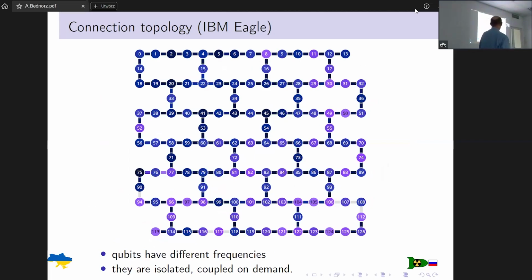If you have 127 qubits, it's not very efficient to measure a single qubit at one time. What is efficient is to take, say, qubit 0, qubit 15, a qubit here, whatever, just with some distance between them, and then in a single experiment you can test many qubits at the same time.